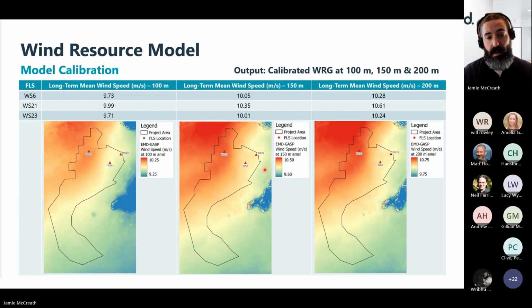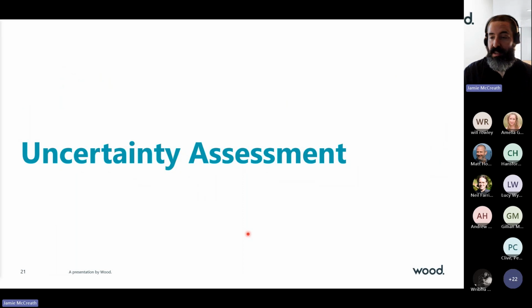So with that, you're getting really good certainty on the model calibration close to the LiDARs, but obviously as you move away and the weighting changes, and you can see there's a reducing wind speed, a gradient moving towards the south, the uncertainty does increase, and that's something that we then went on to look at, basically an uncertainty assessment, looking at the spatial uncertainty that we would expect to see over the project.